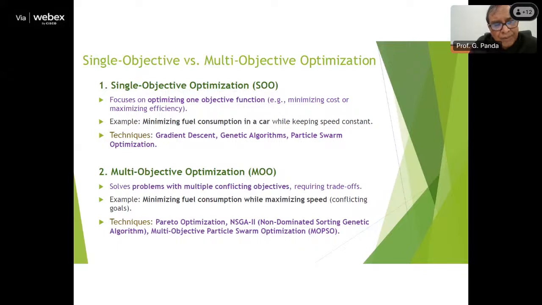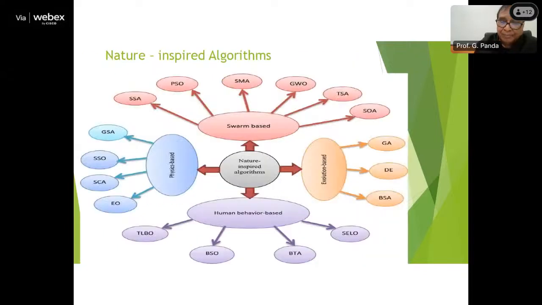To make it clear, if your fuel consumption is the lowest, speed cannot be highest, and vice versa. Techniques like Pareto optimal solution and types of multi-objective, non-dominated sorting genetic algorithm or multi-objective PSO are, for example, which try to fulfill the satisfactory solution for multi-objective optimization.